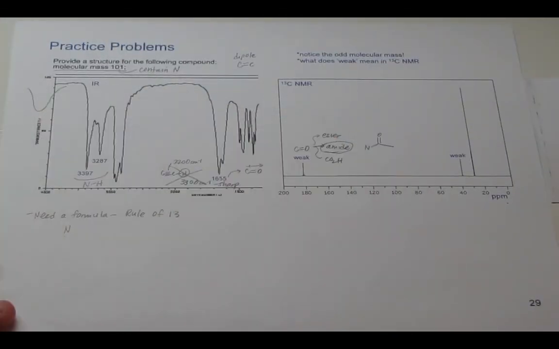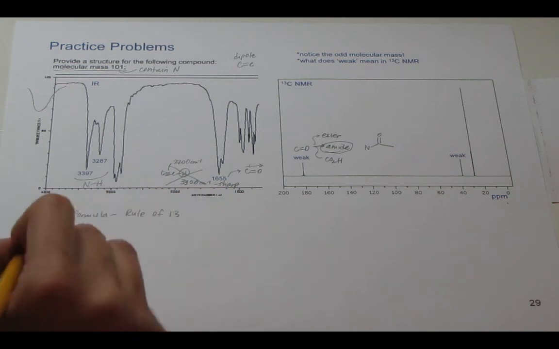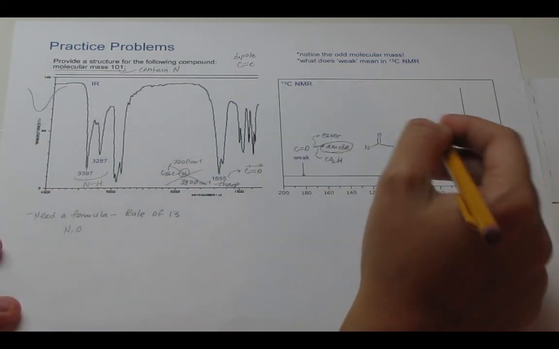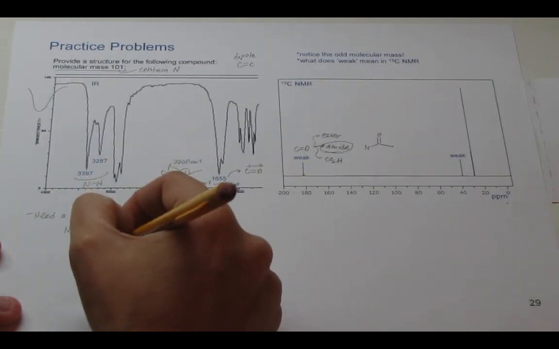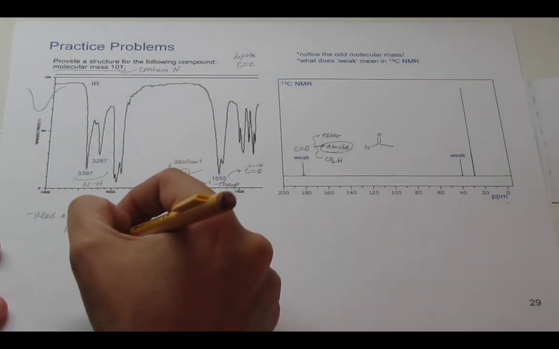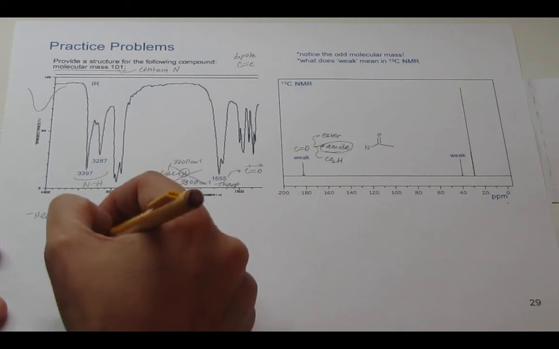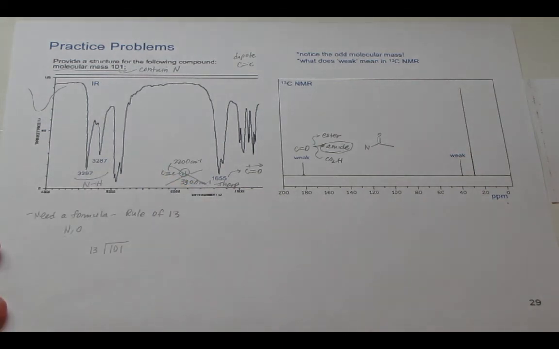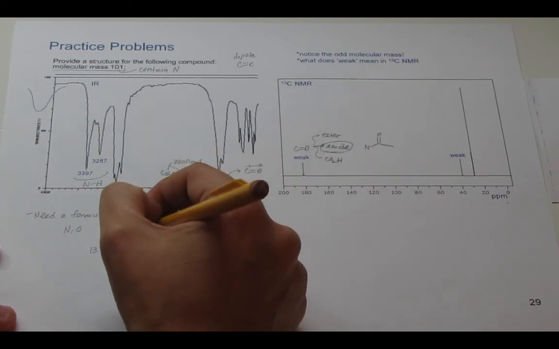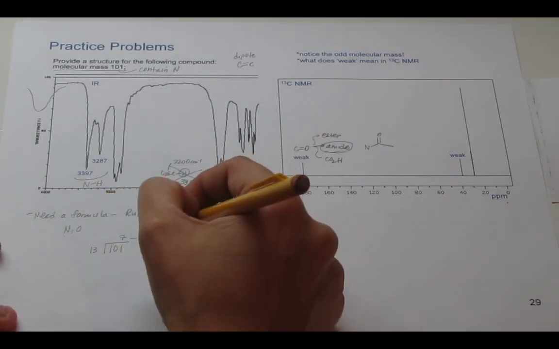Okay, so when we do the rule of 13, we're going to add in nitrogen and oxygen for our amide. For the rule of 13, pause and make sure you know how to do this first. We are going to take 101 and divide it by 13, and that's going to give us 7. So 7 is the number of carbons.